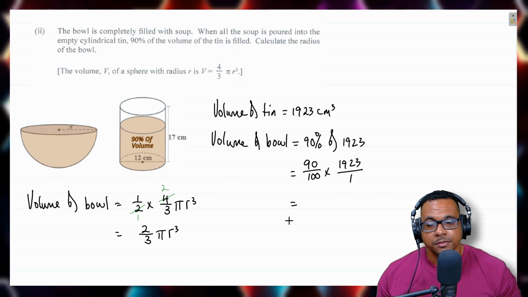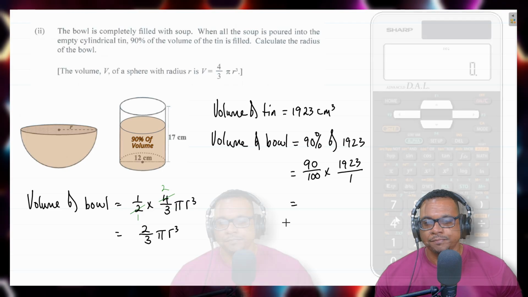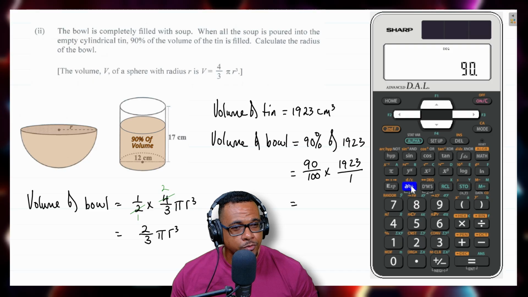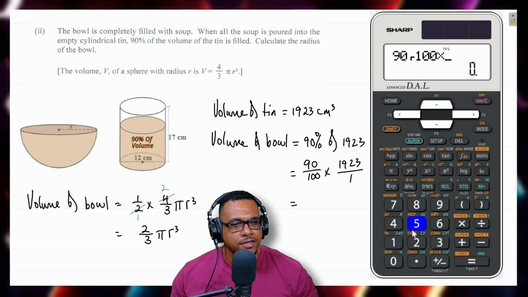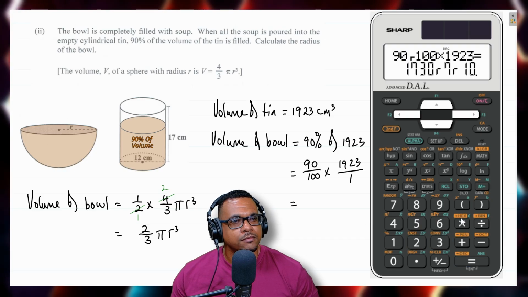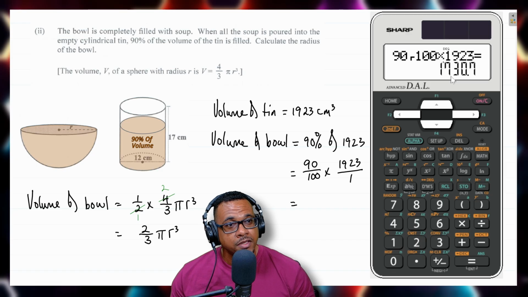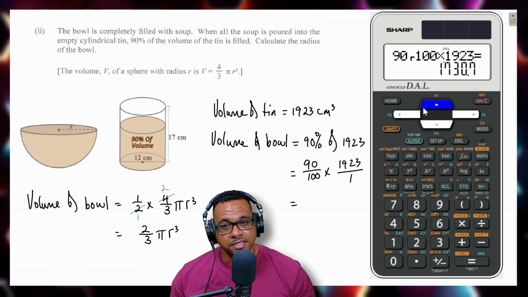Now again, all this could be done on the calculator. Of course, 90 over 100 is 9 over 10. So we have 90, use the fraction button, over 100 multiplied by 1,923. Press equal. We get a mixed number. Just press the fraction button again to convert it to decimal. So that's 1,730.7 centimeters cubed.